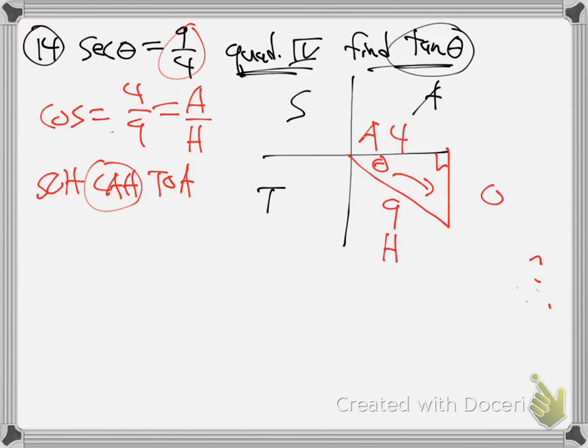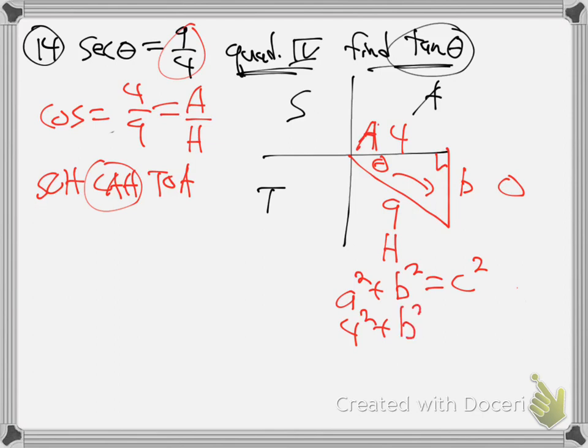So then I need to find this other side over here. Adjacent, opposite. Call this other side B or X or whatever you want. A squared plus B squared is C squared. 4 squared plus B squared is 9 squared. 16 plus B squared is 81. Solve for B. Subtract 16.